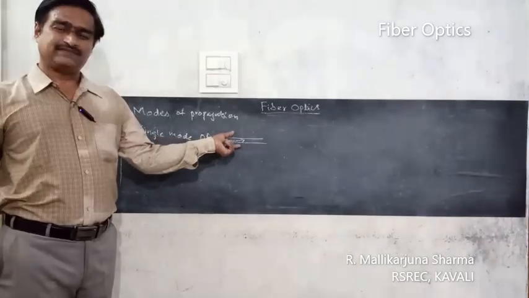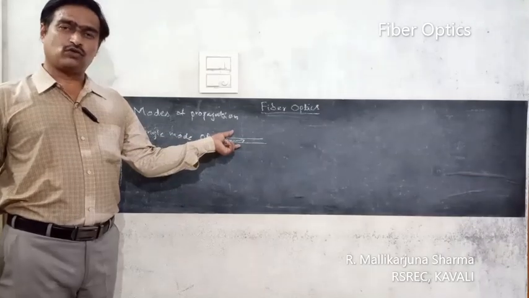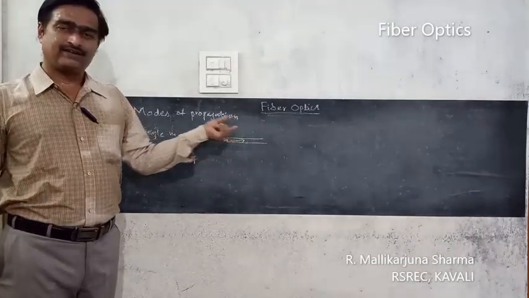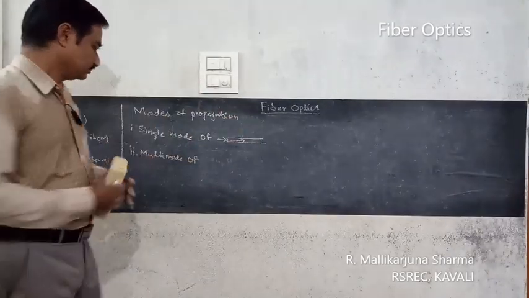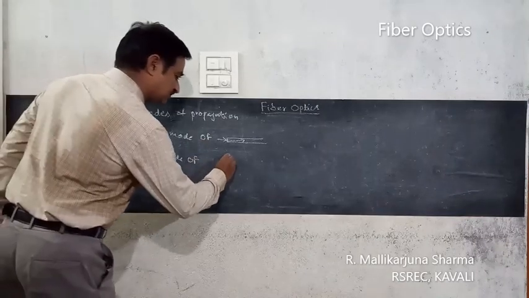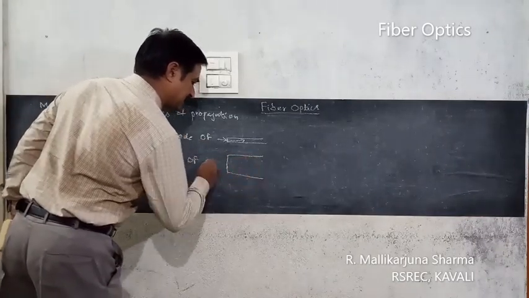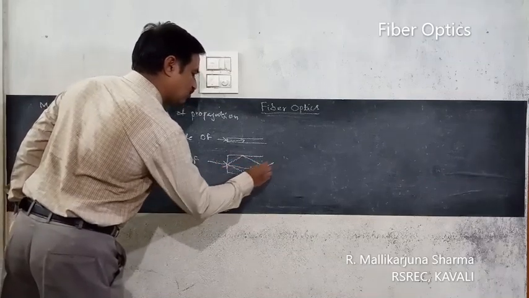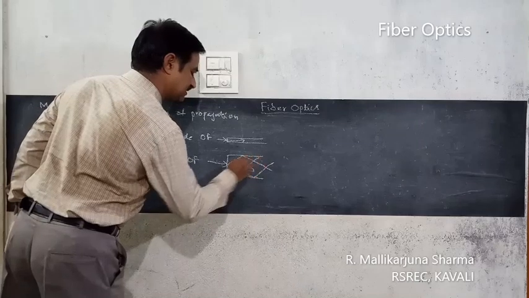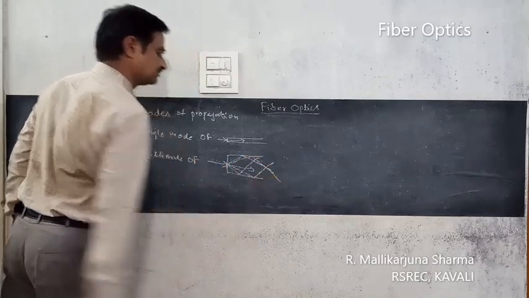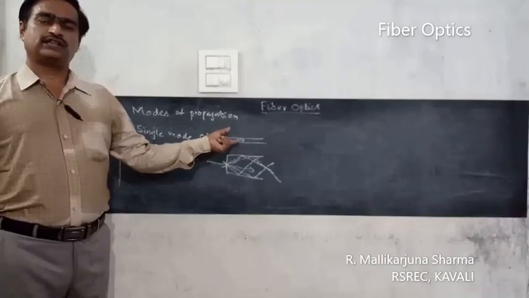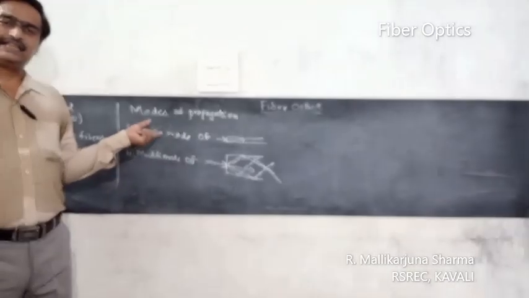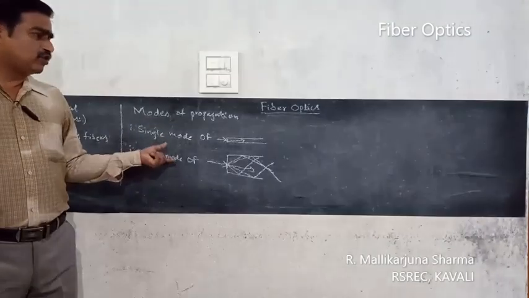That is, the diameter of the core is very thin, so that only one type of light ray is propagated. If the dimensions of the core medium are large, then there are so many modes of propagation. So based on the diameter of the core, we can classify as single mode optical fiber and multi-mode optical fiber.